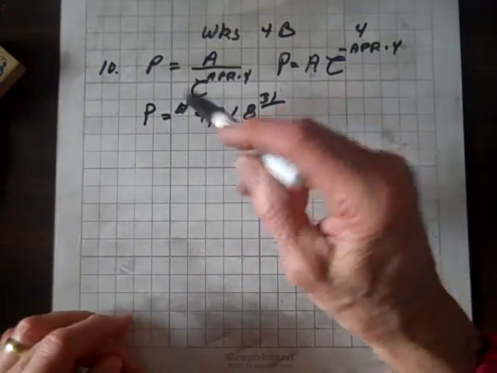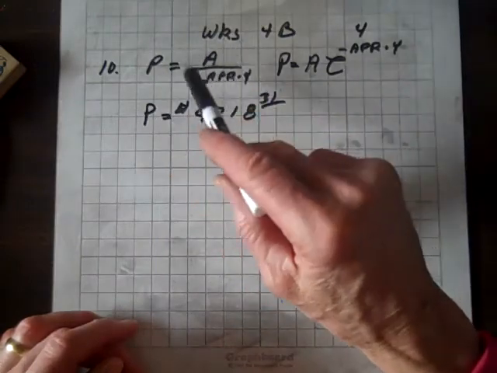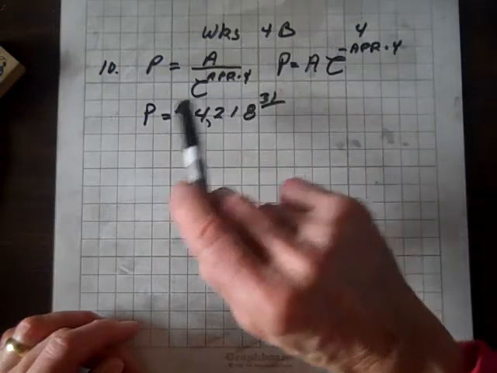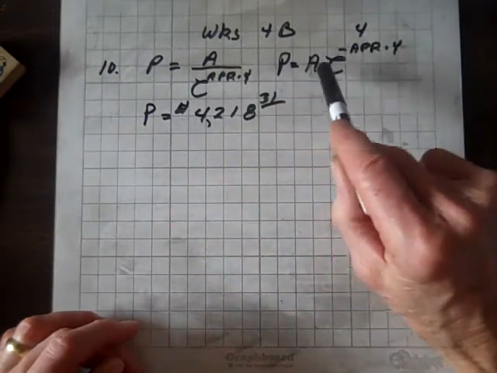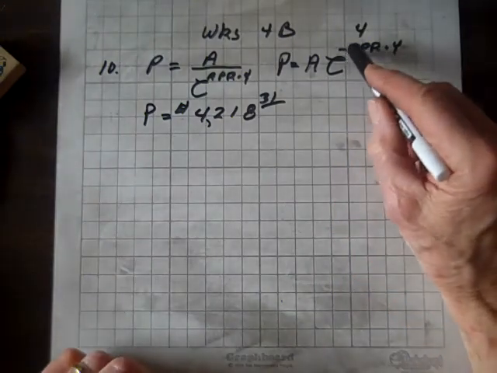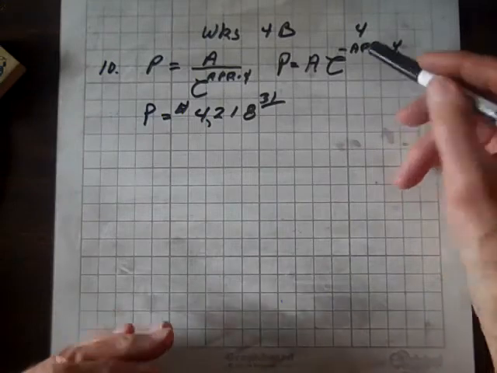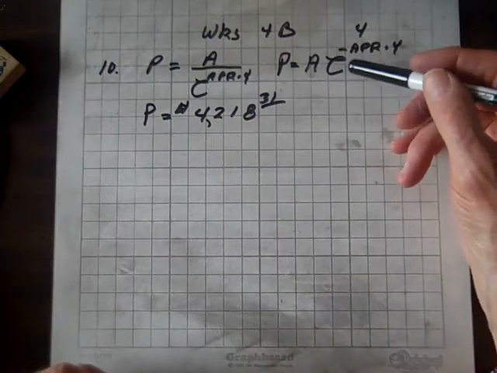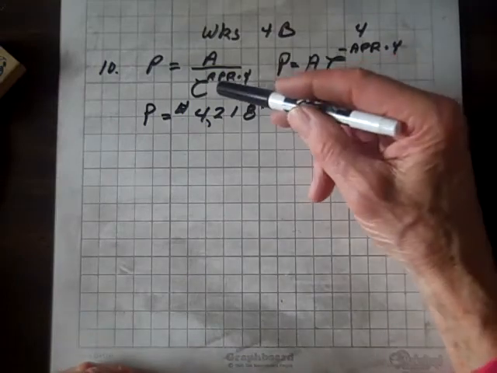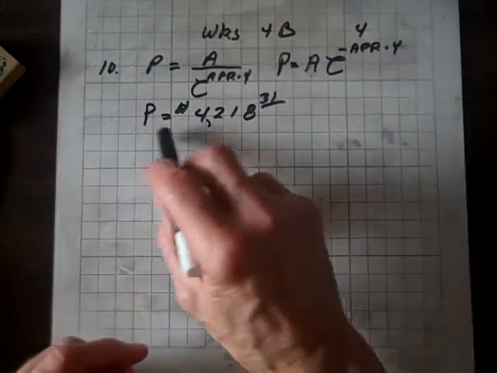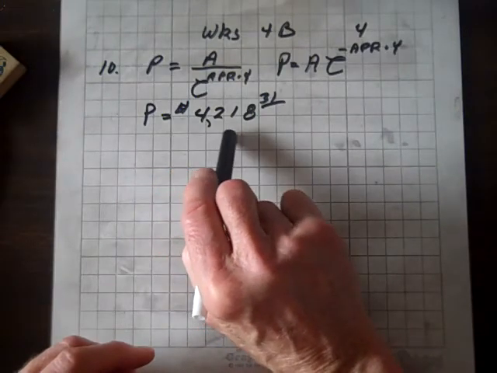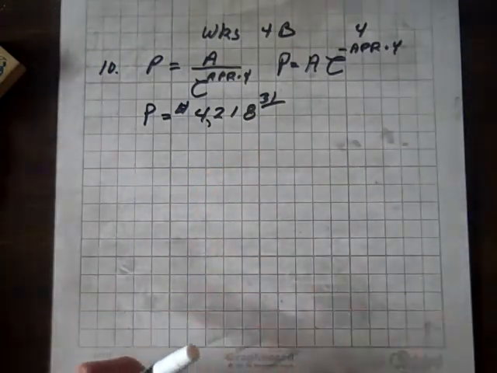So anyhow, solving for P, we are going to divide by e to the APR times y, or we can say P equals A times that and just change the sign on the exponent, because as I said and you've had before, if you change the sign on the exponent, that corresponds to changing the location of the base. And anyhow, the principal will be $4,218.31, and we're done.